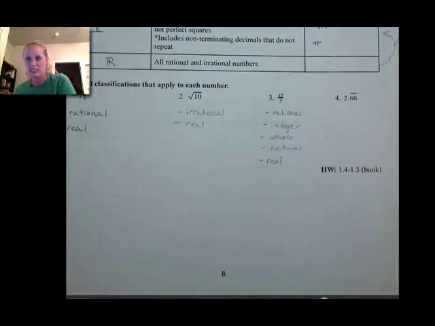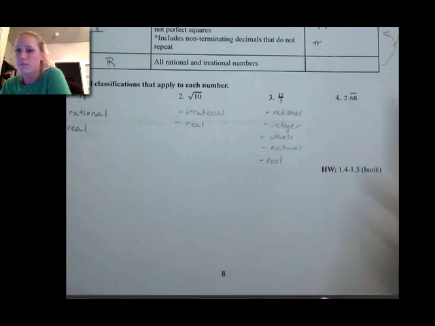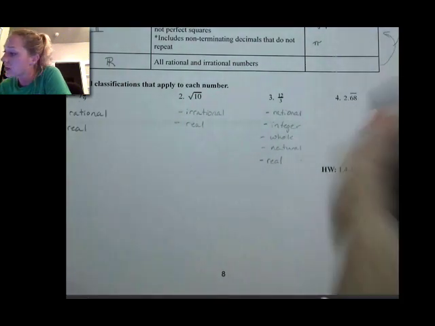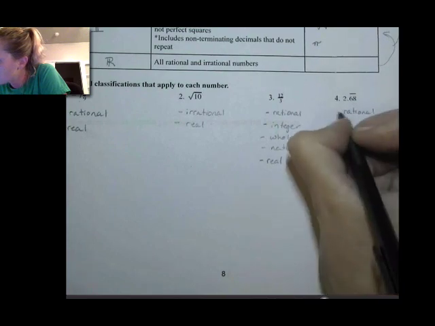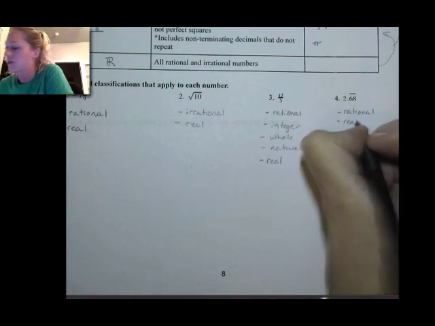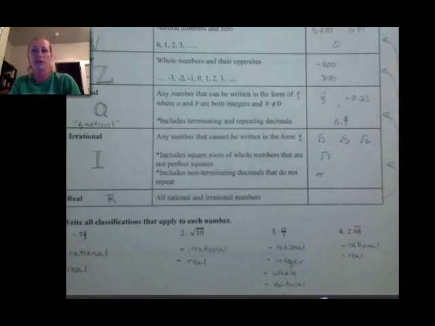So 12 thirds is actually all of those different classifications. Okay, 2.68 repeating, that's our bar over the top. So if it's a repeating decimal, it is rational. And of course, if it's rational, it's also real. All of our different number systems are going to be real. Okay, that's it for 1.4 and 1.5, you guys. Thank you for watching.